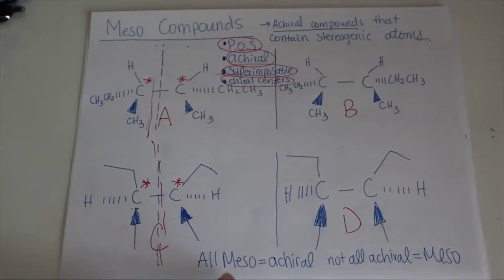Now, having said that all meso compounds are achiral, that does not mean that all achiral compounds are meso. There can be situations where you don't have a meso compound even though it's achiral, and we'll go over those examples right now.